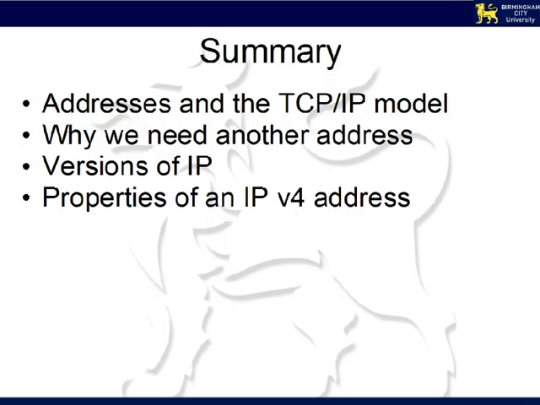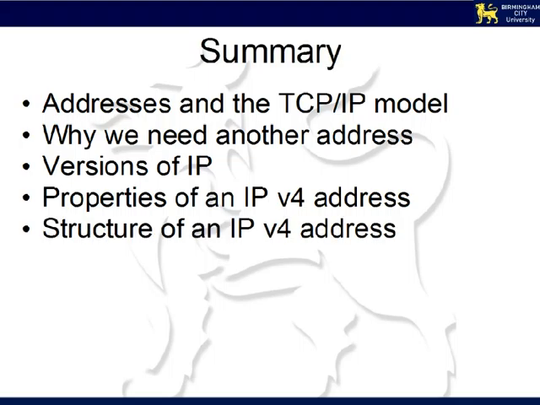We then looked at some of the properties of an IP version 4 address, before moving on to look at the structure of an IP version 4 address and how the network portion and the host portion can be identified by means of the subnet mask.